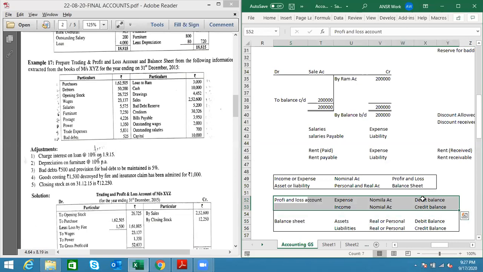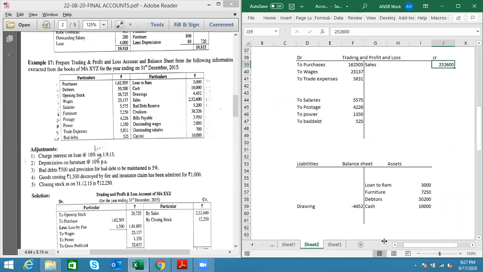If it has a debit balance in the trial balance, then it is an expense. If it has a credit balance, then it's an income. It's a simple formula that I had given. Using this formula, we determine whether these items go to the trading and profit and loss account, or to the balance sheet.